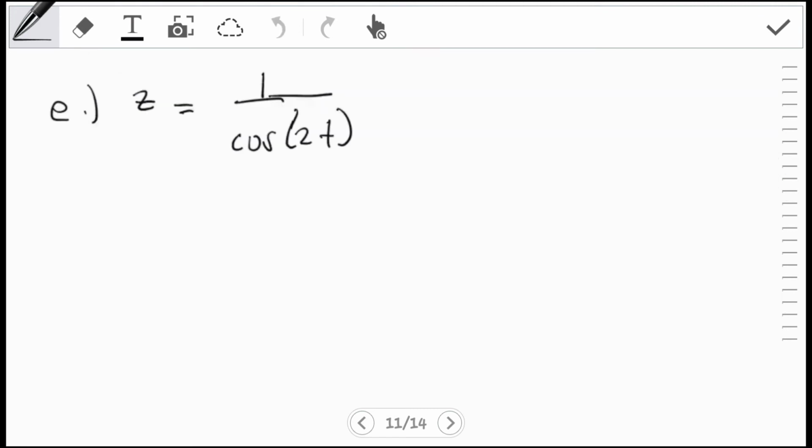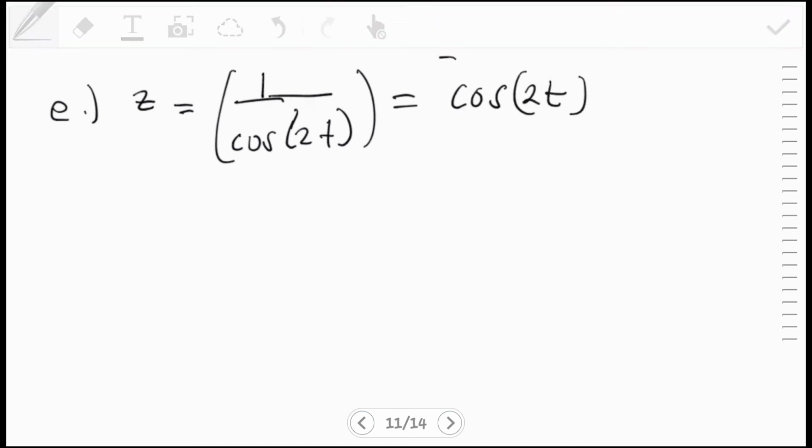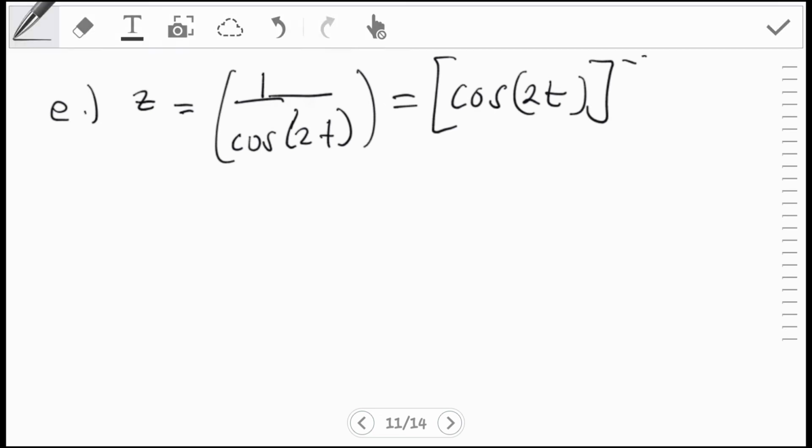So, another problem is, what is the first derivative of z is equals to 1 over cosine 2t. Okay, so we rewrite this problem given as cosine 2t raised to the power negative 1. Like that. Okay? So, let u is equals to cosine 2t.